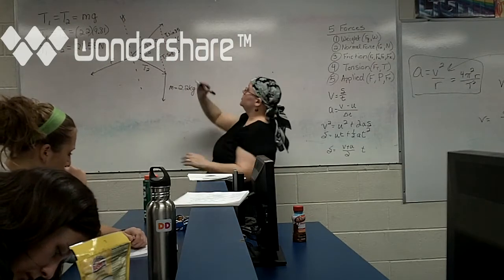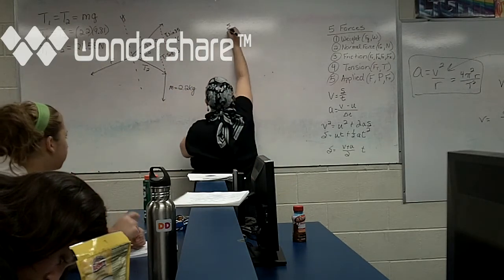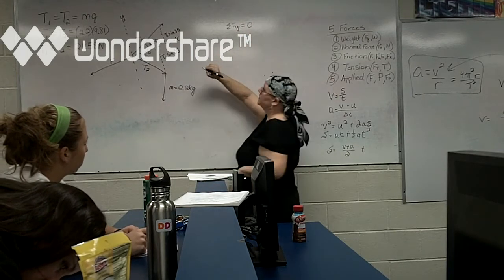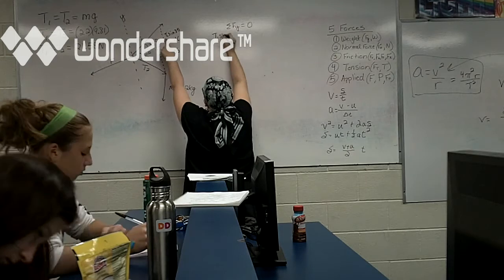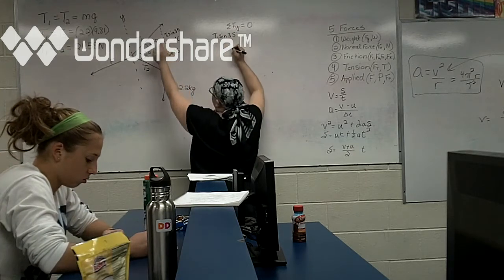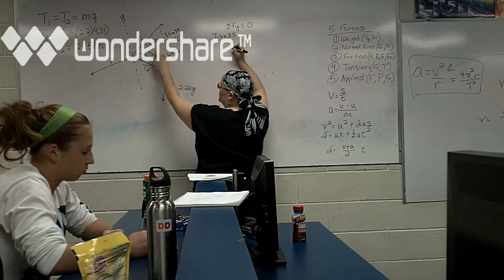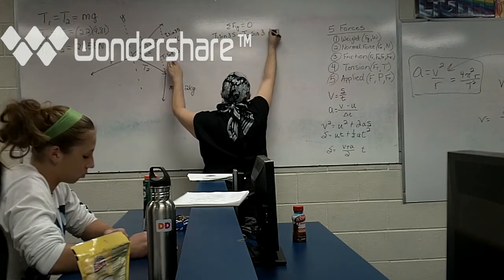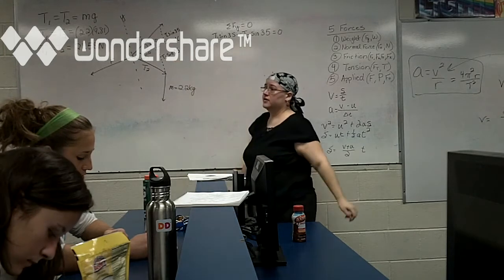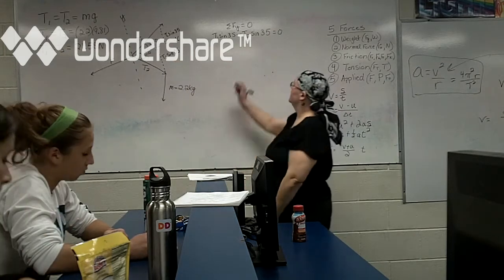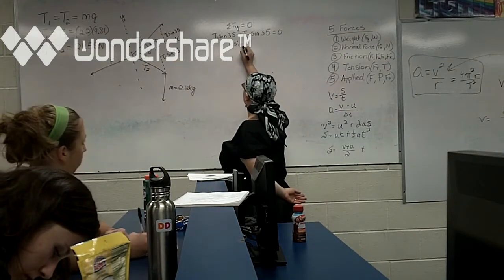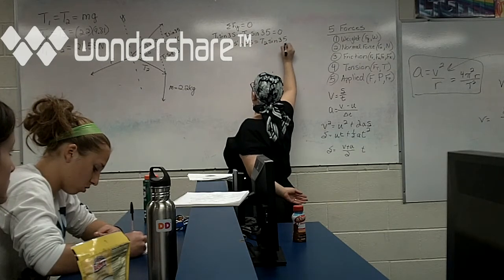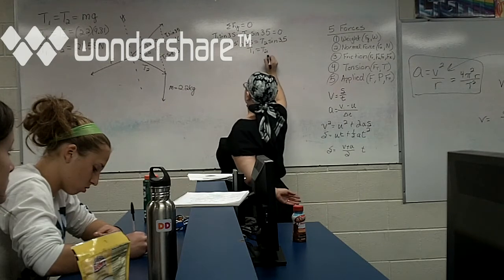So if I sum my verticals, and they're equal to 0 because we're in equilibrium, then I have T1 sine of 35 in the positive equal to T2 sine of 35 in the negative, which means T1 sine of 35 was equal to T2 sine of 35, and that just frankly means T1 was equal to T2.